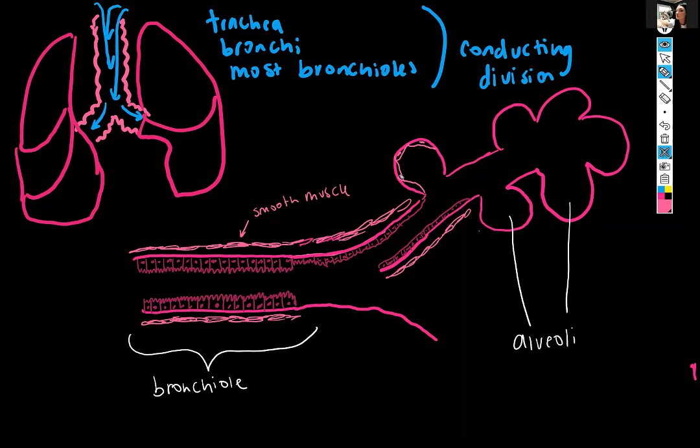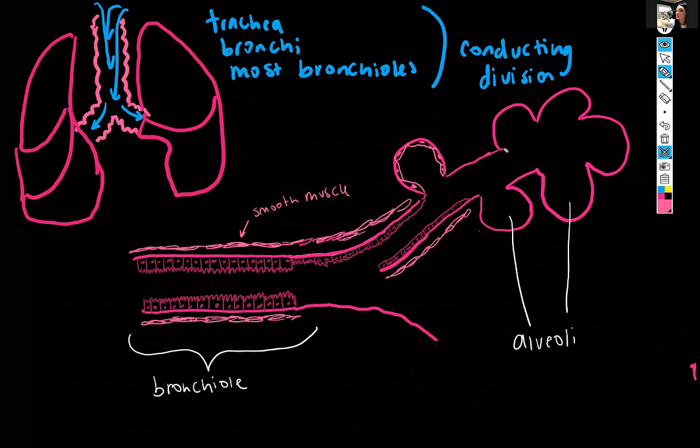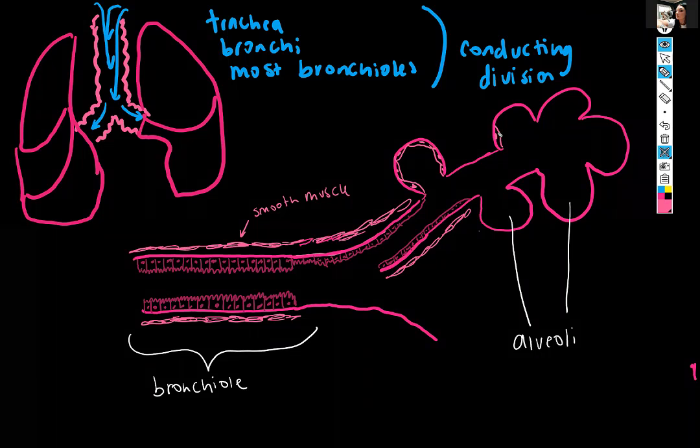I'm drawing the cells that make them up. So there's squamous epithelial cells. Squamous meaning scale-like or thin and flat. And then of course on the outside of these, really, really close, they're separated only by a basement membrane.